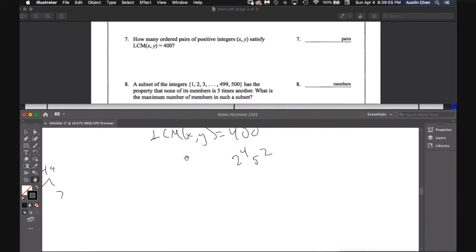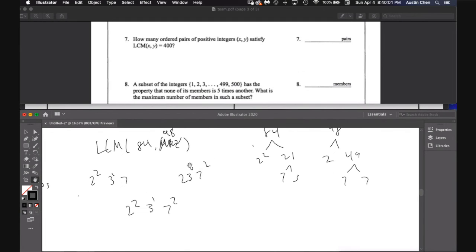As we saw before, each of these was taken as a copy from the prime factorization of one of our original two numbers, right? 2 squared was taken directly from here. 3 to the first was taken directly from here. 7 squared was taken directly from here.